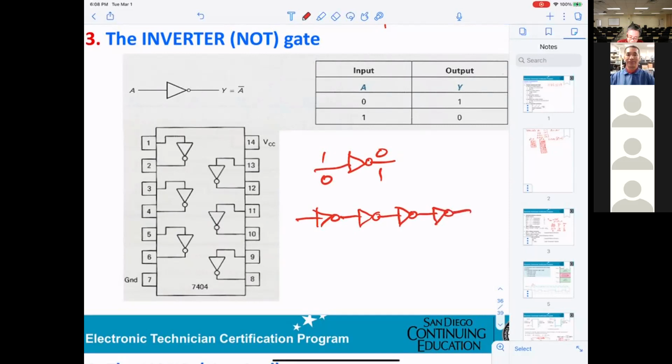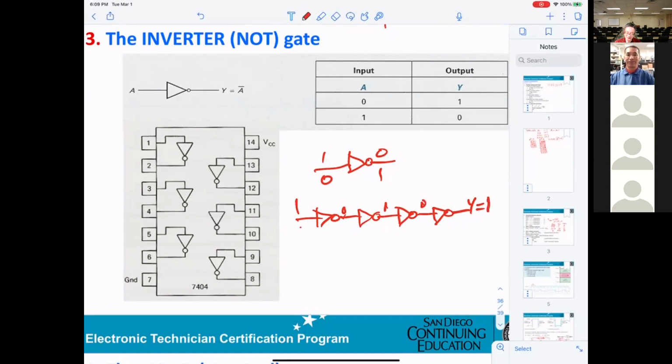So if you get a 1 here, what output do you get here? 0. For the inverter, if you get an input at logic 1, what output do you get? 0. With 1, you have 0. With 0, you have 1. Okay, got it.